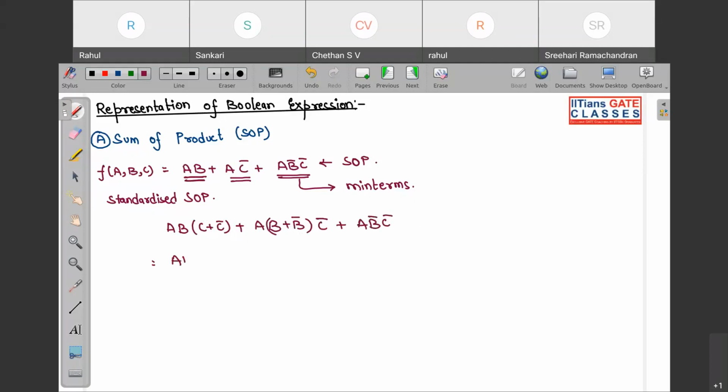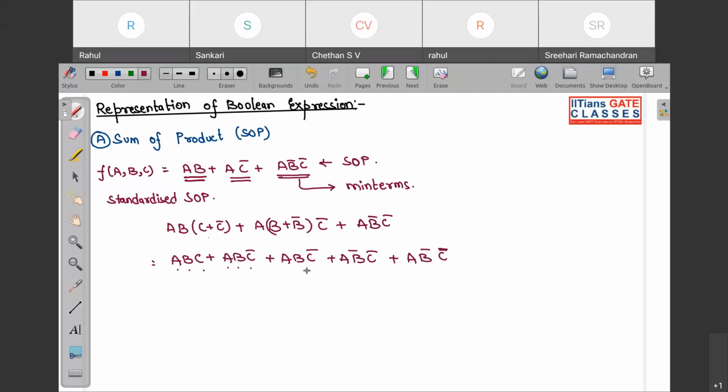So this will be ABC plus ABC complement plus AB complement C plus AB complement C complement. This is your standardized SOP, because you can see all the variables A, B, C are present in each of the min terms.